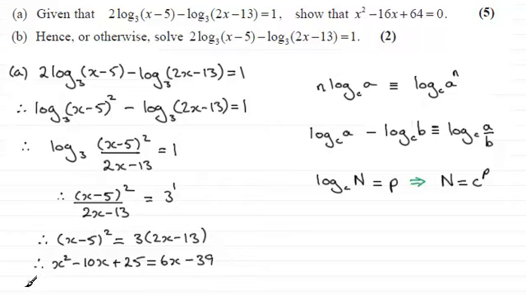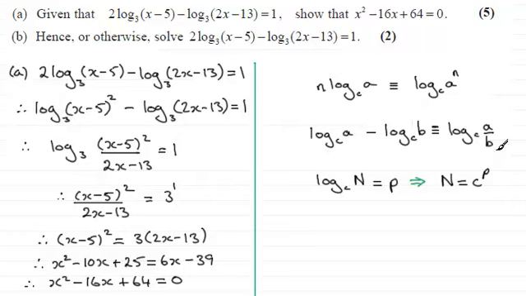And I can see I'm almost there now because I've got my x squared. If I subtract 6x from both sides, minus 10x minus another 6x is minus 16x. And then if I add 39 to both sides, 25 plus 39 gives me 64. And that would equal 0. So that's what I had to show, for 5 marks.